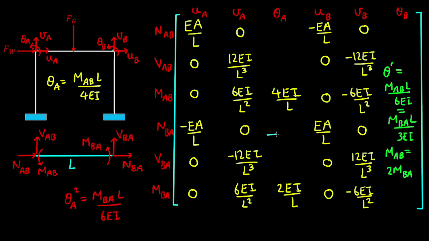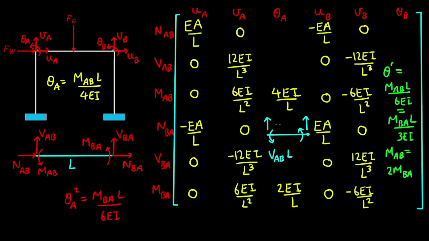And as we mentioned, we had shear forces and bending moments in this beam. So if we took moments about node B, for example, we'd have the shear force at A multiplied by the moment arm, being the length of the element, is equal to MAB plus MBA.